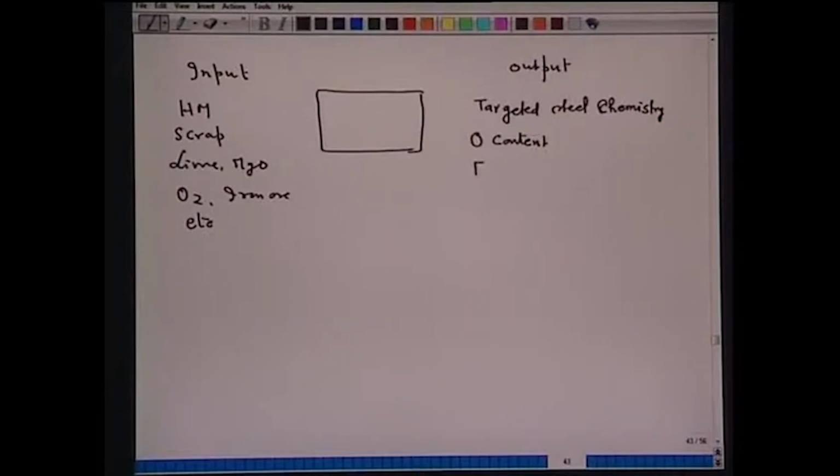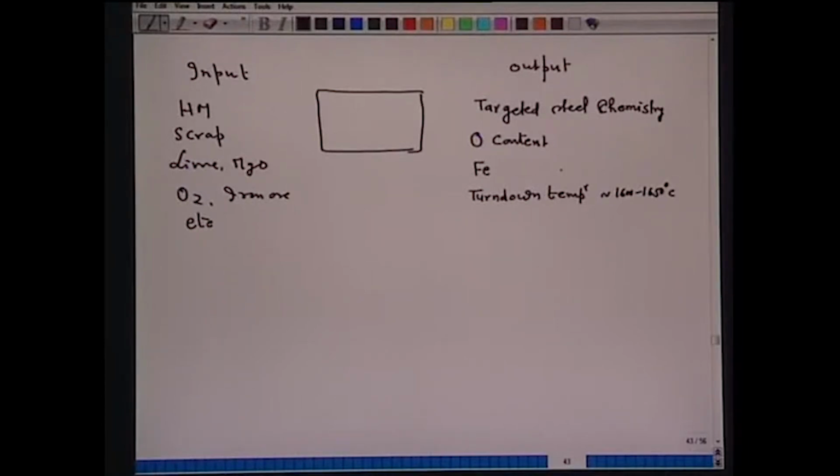We also want at the output iron content of the slag to be very low. We also want that turn down temperature of steel should be around 1600 to 1650 degrees Celsius.